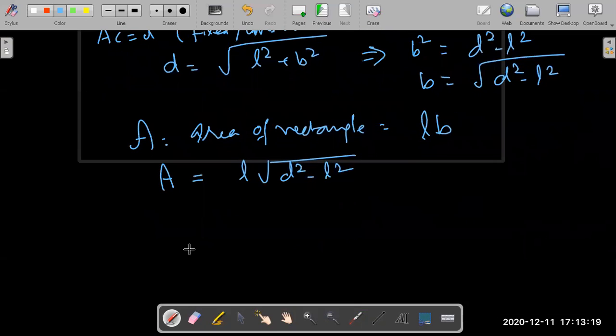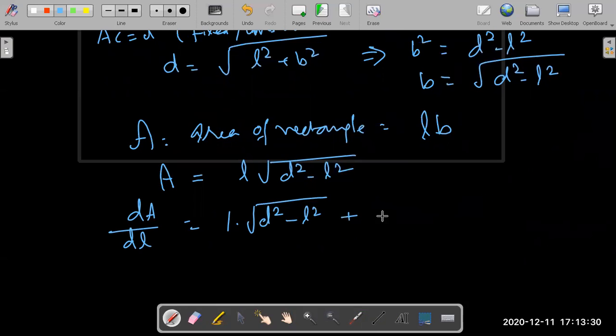Now we have to maximize, so find dA by dL. By the UV rule, dA by dL equals 1 into the square root of D squared minus L squared plus L into 1 by 2 root D squared minus L squared into minus 2L.